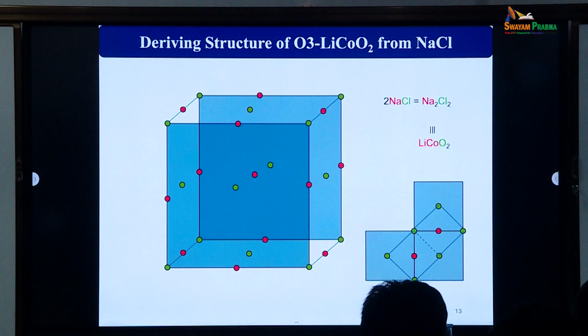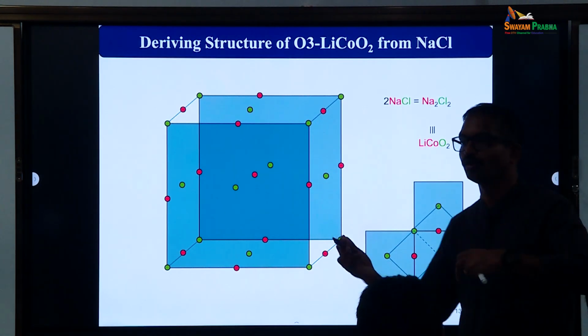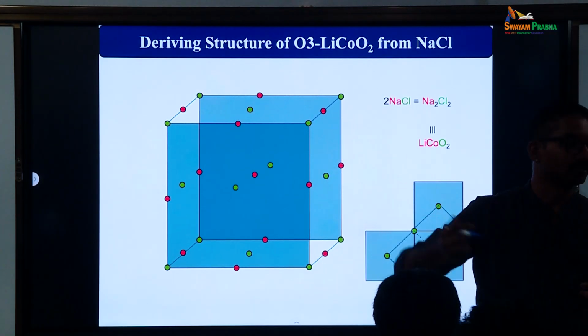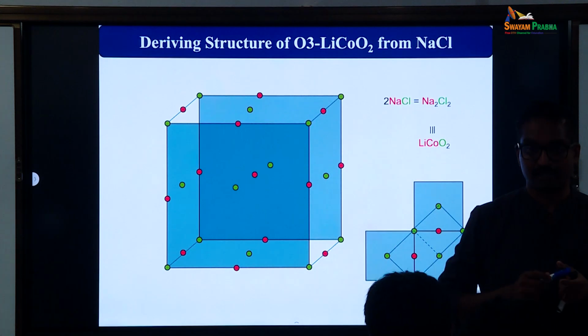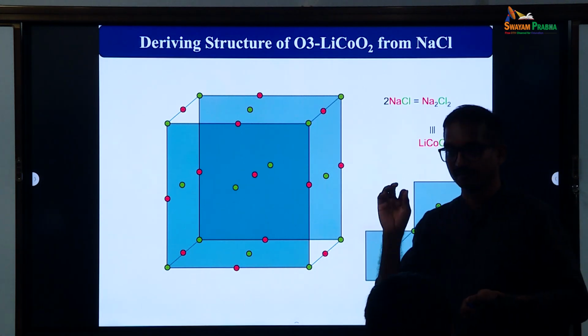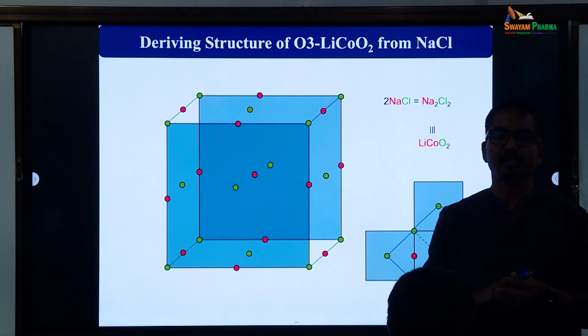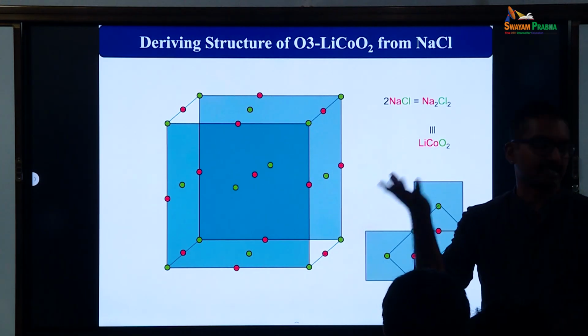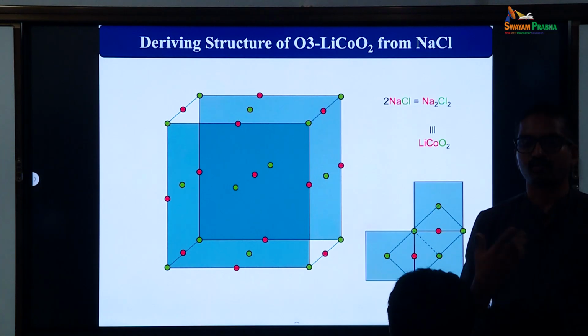It is my wish. Now what I am going to do is substitute this chloride with oxide. Chloride with oxide. How many chlorides are there? One of the sodiums I substitute with lithium. Another sodium I substitute with cobalt.